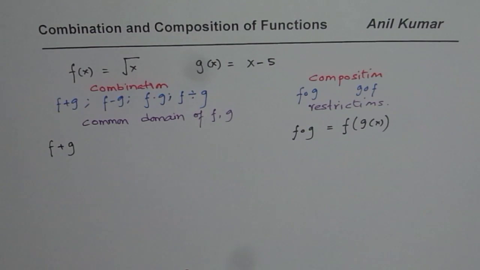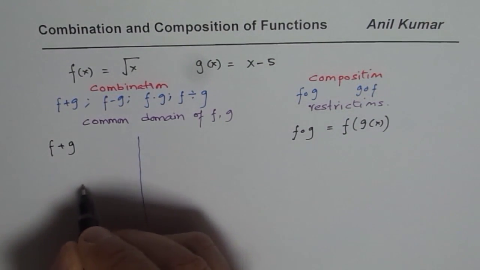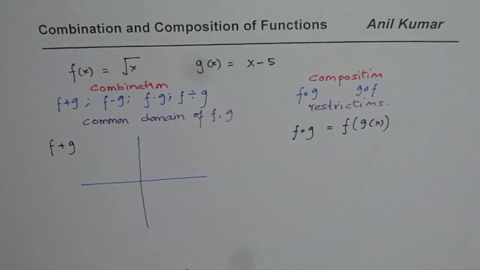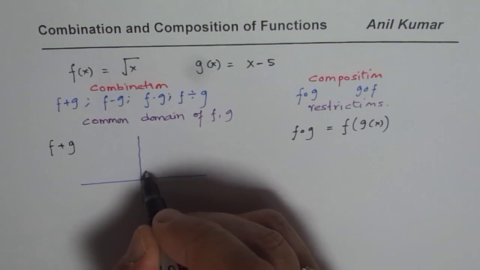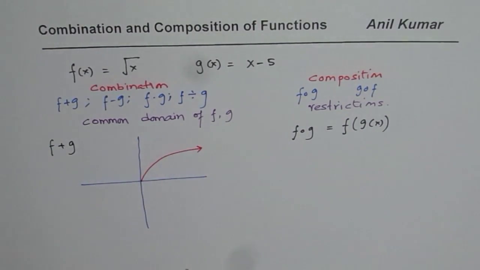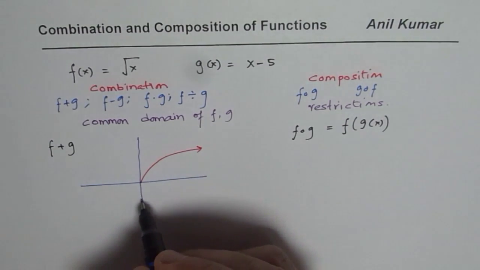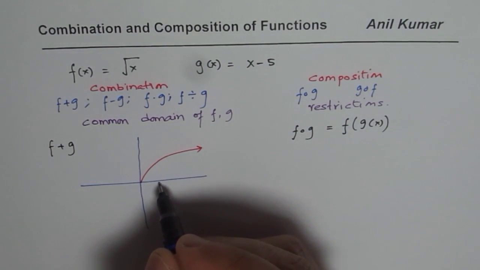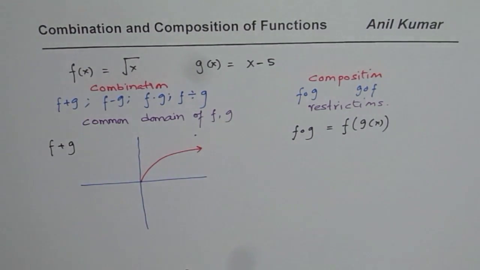Now, let me sketch these functions also. The two functions could be sketched as follows. The square root function is like this. That is the square root function. And the line is at minus 5. I'm not drawing any x's here. Let me use a different ink.